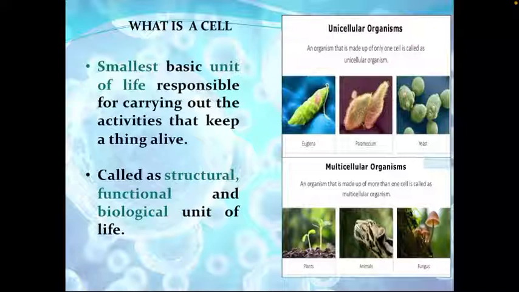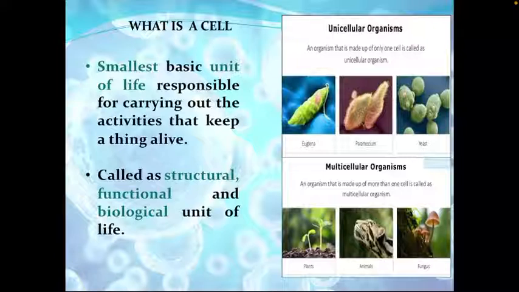Okay. It is basically a complete expression of the fundamental structure and function of an organism. The most important property of the cell is that it can reproduce by itself. Every living organism found on this earth is made up of cells, except viruses.